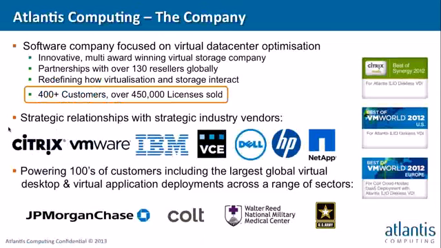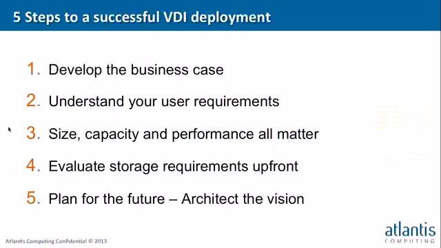We have partnerships with a lot of the major VDI vendors, Citrix, VMware, and supporting infrastructure and services companies, IBM, NetApp, HP, and Dell. Our customers range from healthcare and medical, service providers, and federal government, through to JP Chase, who's one of our biggest customers today. So a very brief background on us.